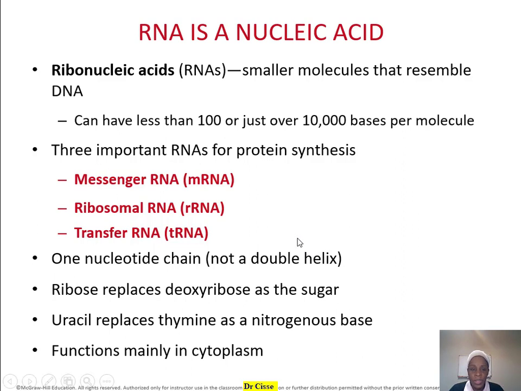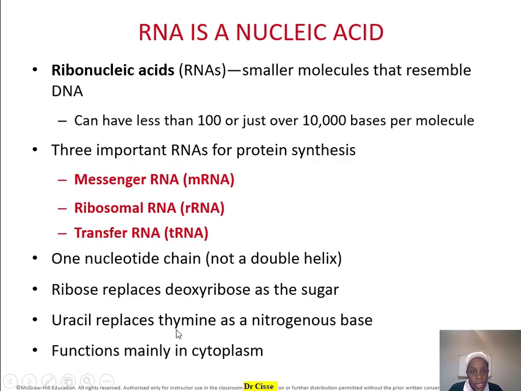And what are the differences? First, remember the DNA was a double helix? RNA is not a double helix. It's just a one nucleotide chain. It's just one chain. And then DNA, the D stands for what? Deoxyribose, which is a sugar. Now, we don't have deoxyribose in RNA. We have just ribose, the sugar.